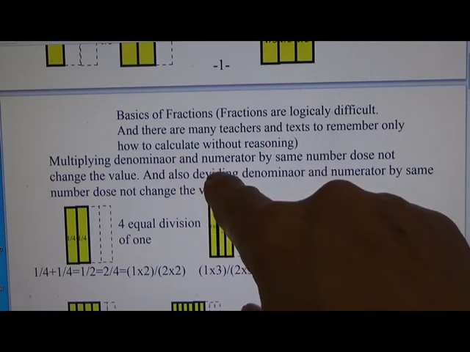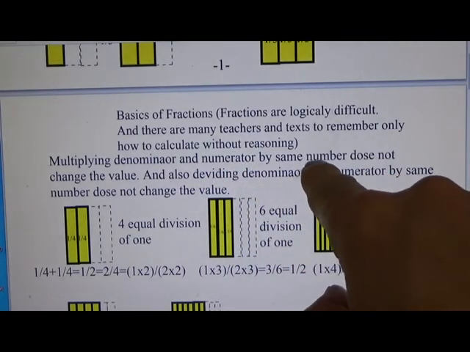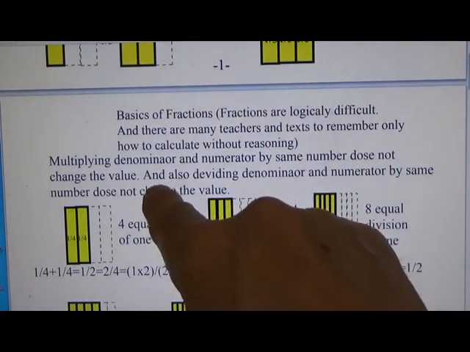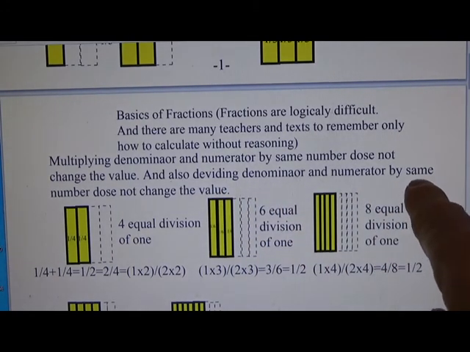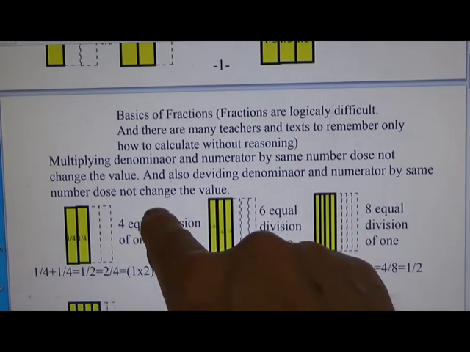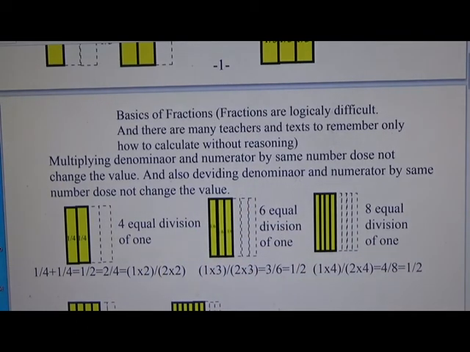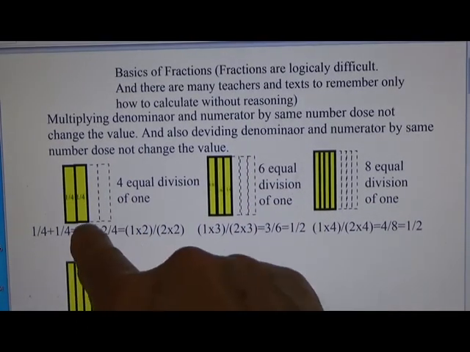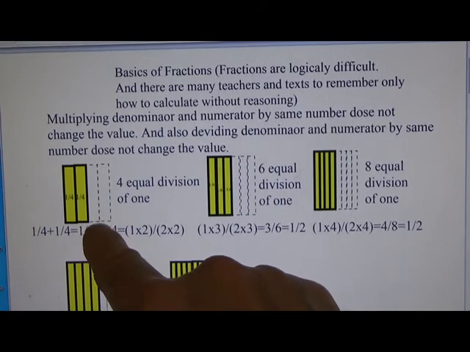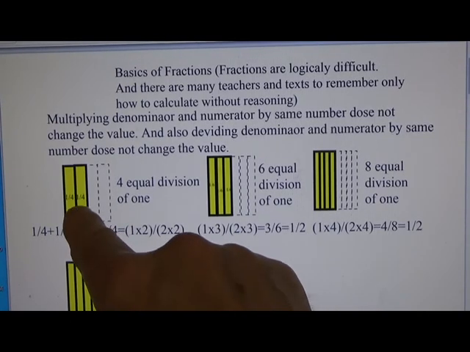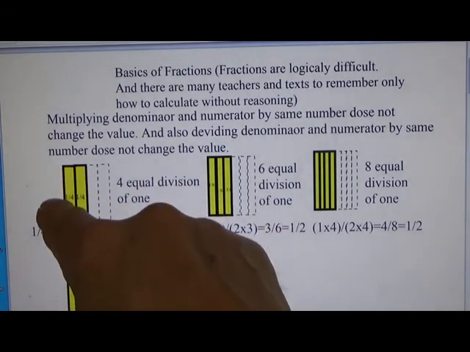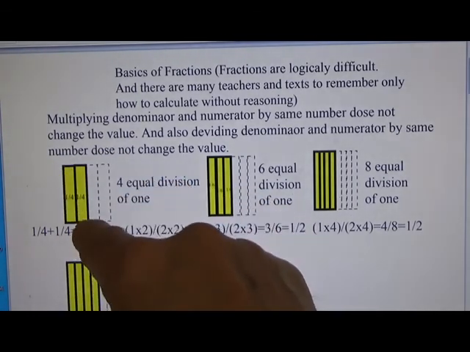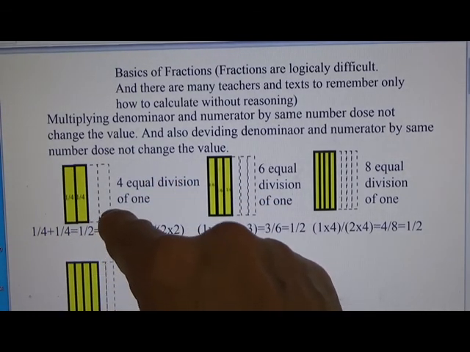Multiplying the denominator and numerator by the same number does not change the value, and also dividing the denominator and numerator by the same number does not change the value. See the figure. This dotted line is quantity 1.